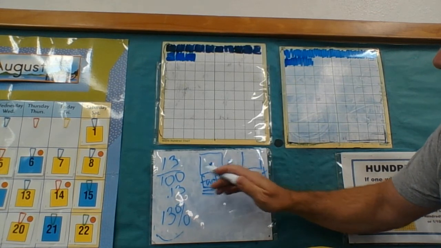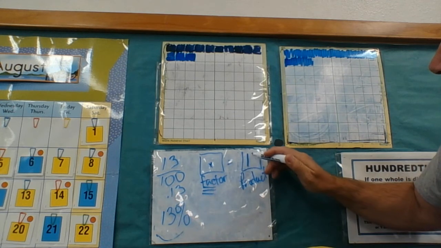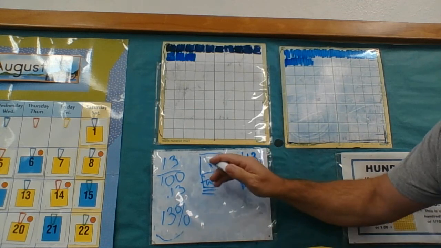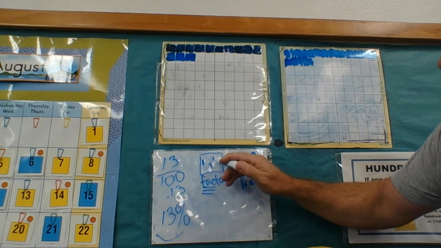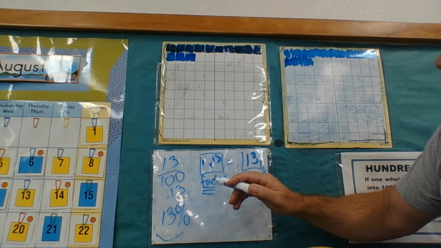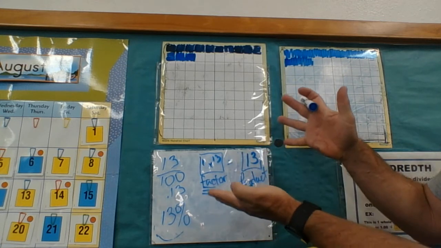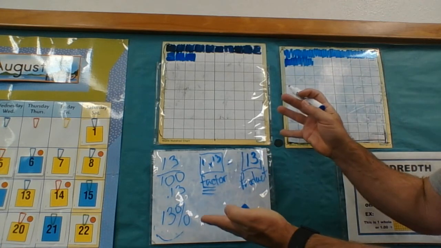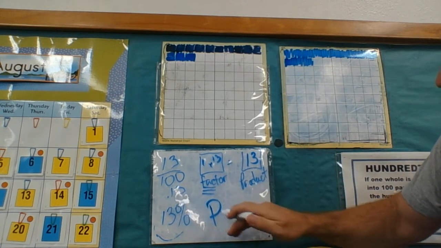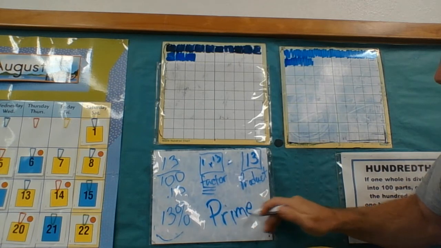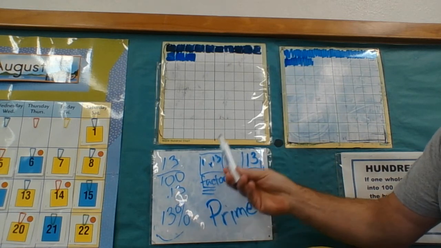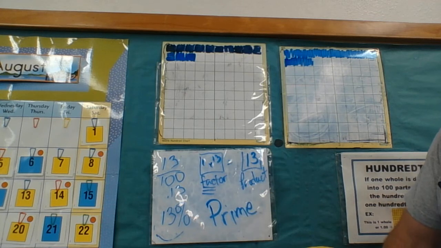And so the factors that come up with this product of 13 are 1 and 13. Now, is that it? Well then, bing, bing, bing, we have a winner! That means this is prime, because a prime number is a number whose factors are 1 and itself.